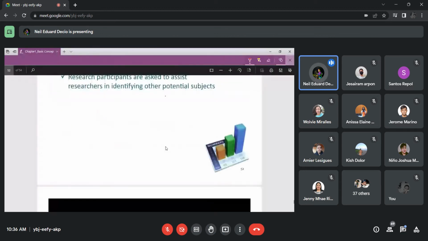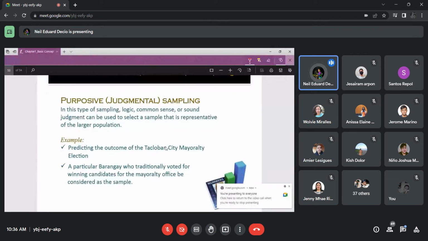Okay, and then we also have what we call purposive or judgmental sampling. The root word here is purpose. From the purpose of your study, just like what I said earlier, qualitative research is usually purposive sampling, because you want to obtain specific data.